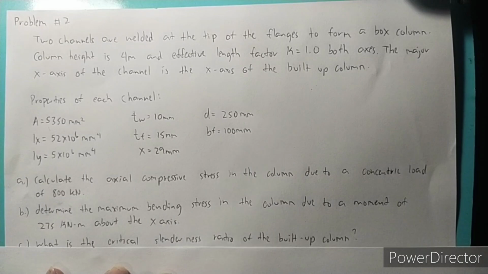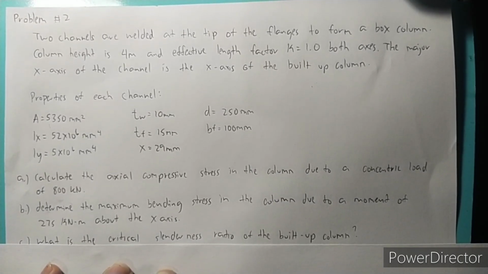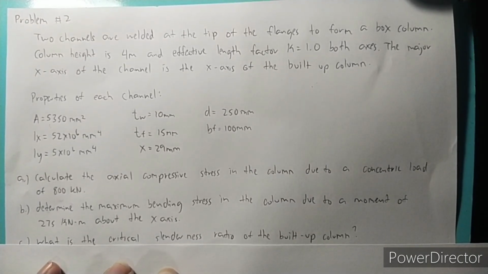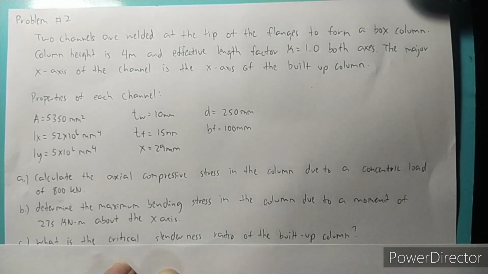This is our problem number 2. Two channels are welded at the tip of the flanges to form a box column. The column height is 4 meters and the effective length factor K equals 1 for both axes. The major x-axis of the channel is the x-axis of the built-up column.